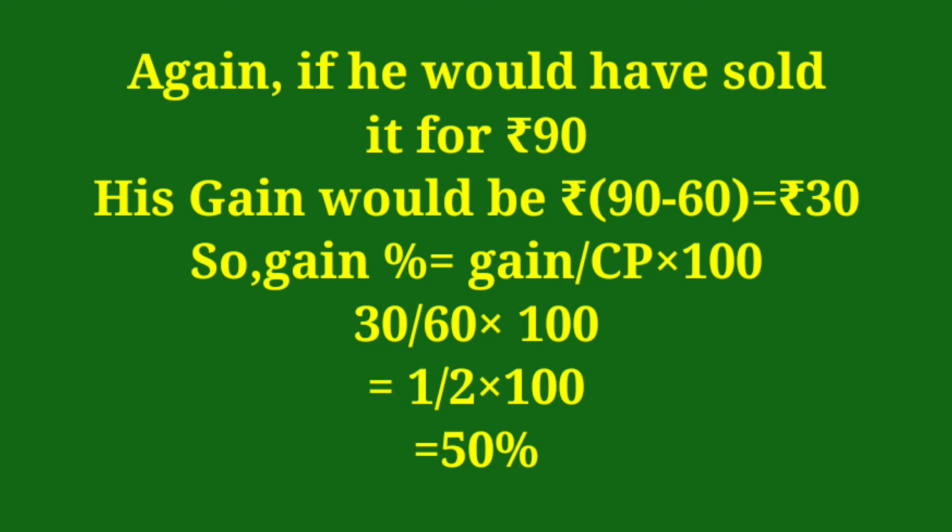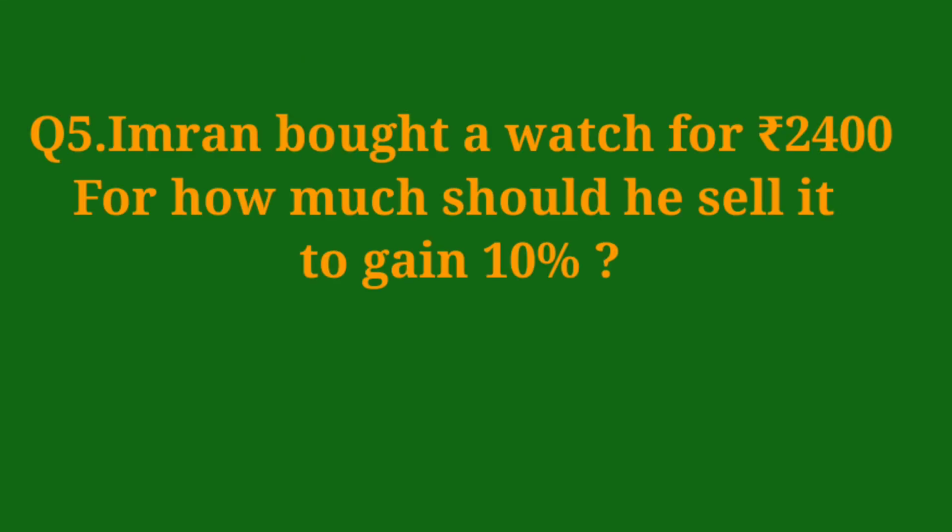So gain percent, how to calculate gain percent? Gain by CP into 100. So gain is 30 rupees. Onyx's CP is 60 into 100. 30 by 60 into 100. So 50% gain it would be.